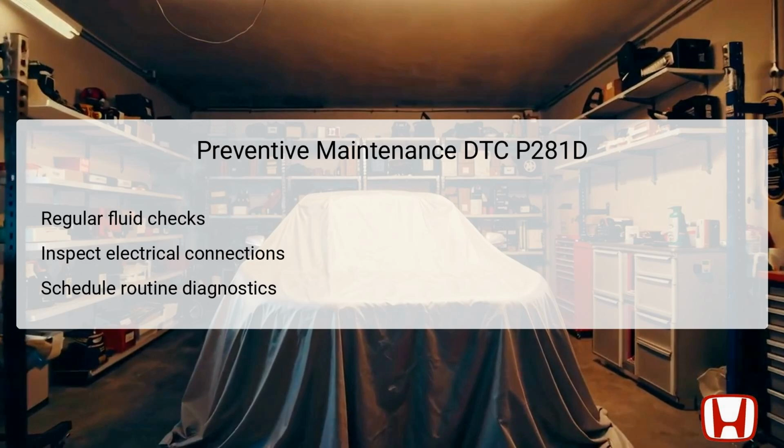Scheduling routine diagnostics with the HDS tool can preemptively identify potential issues before they progress into serious malfunctions, ensuring optimal performance of the transmission system and reducing the risk of encountering DTCs in the future.